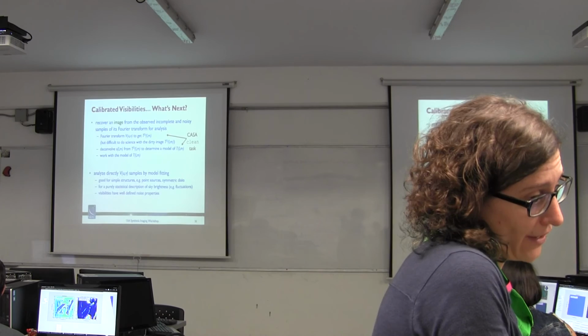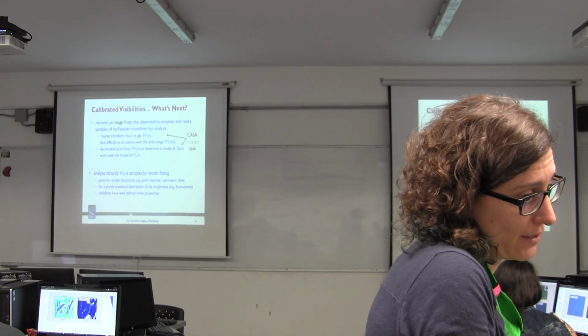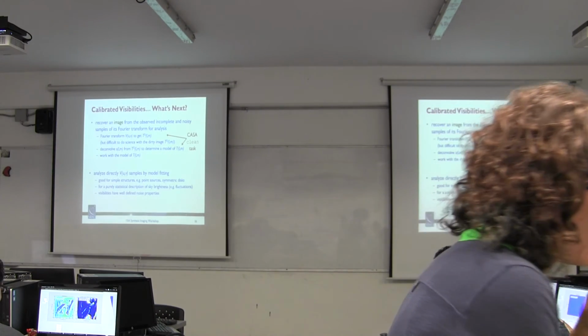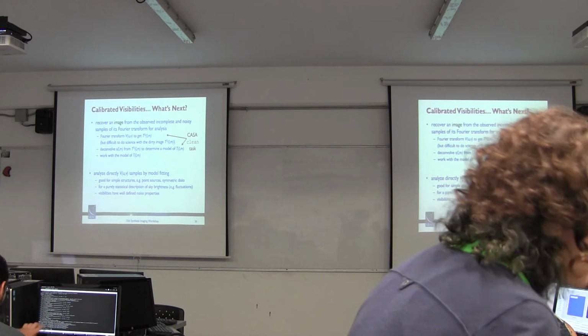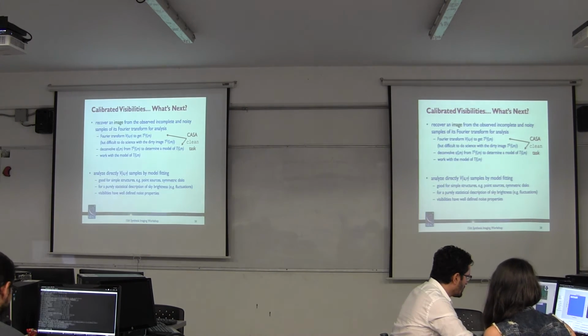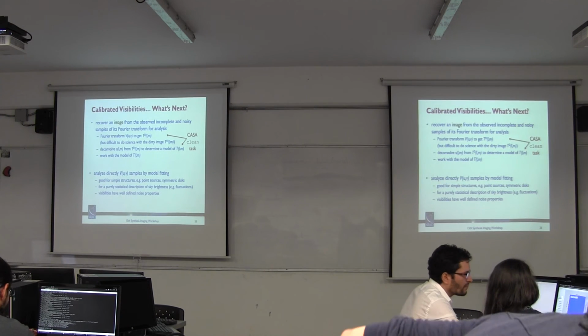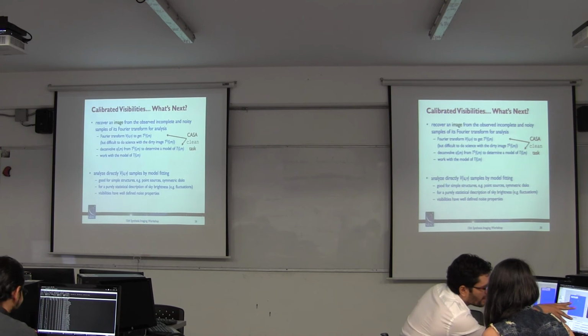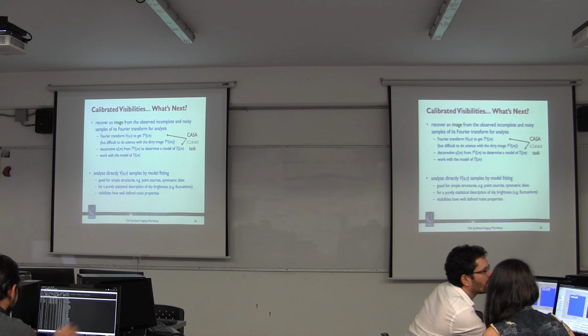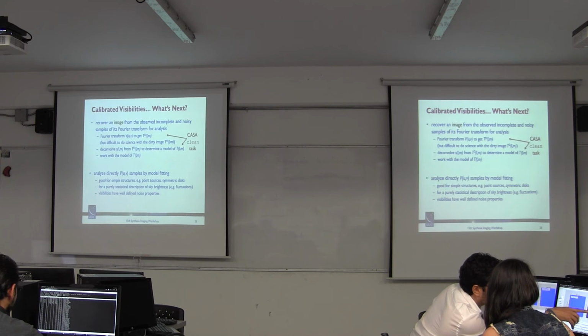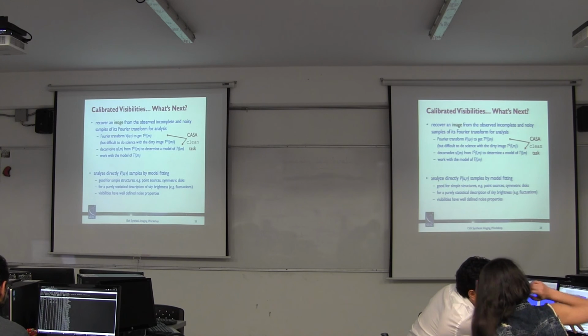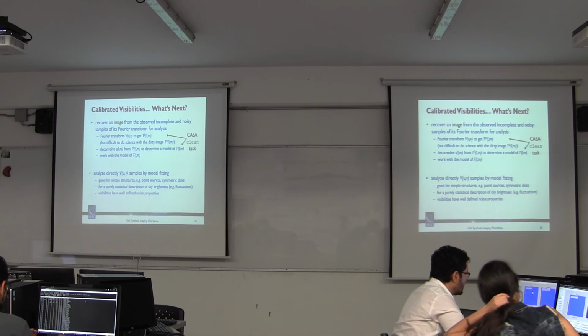It also has an effect in your image, and we will talk about that later. You can choose, for instance, if an antenna has a bad response. And I can make as many iterations as I want.